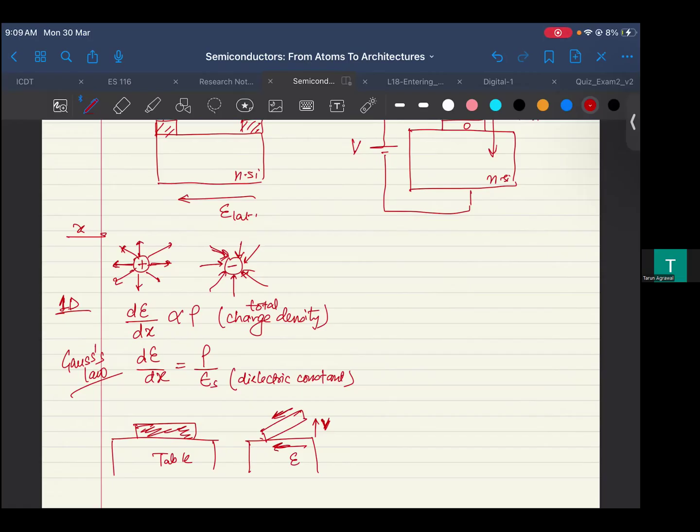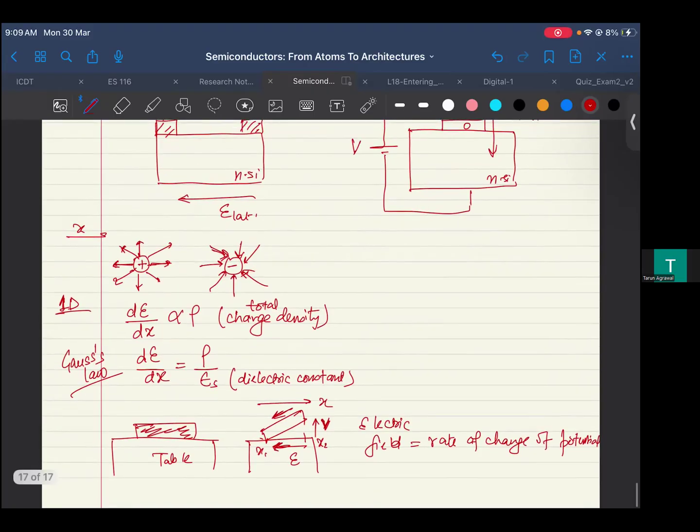Now if I see this picture, how is your voltage changing? We know that the electric field is the rate of change of voltage, or potential. If I'm going from x1 to x2, I know my potential is increasing, and the field is in the opposite direction.